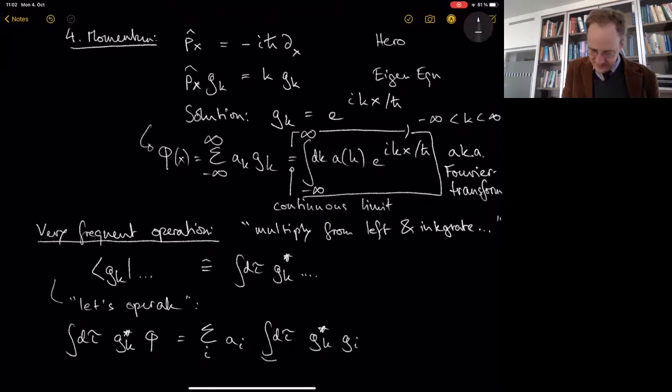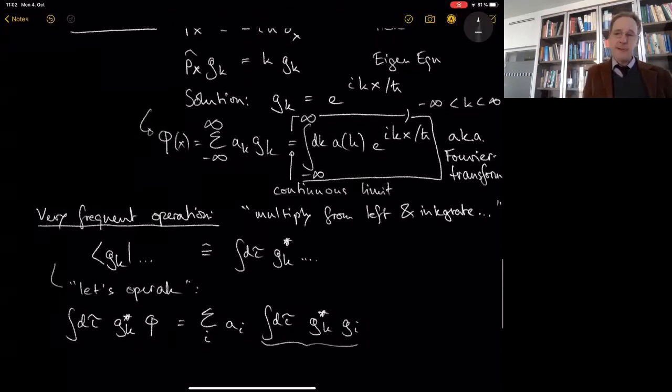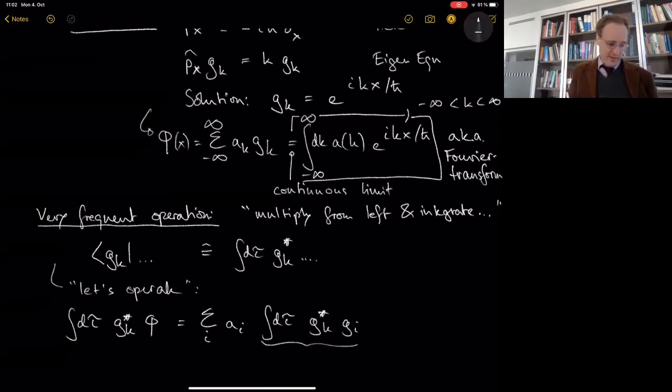And what do you have here? What you see here is nothing else than your inner product of two eigenfunctions. And they must be orthogonal, right?